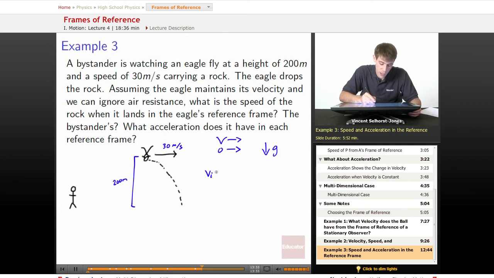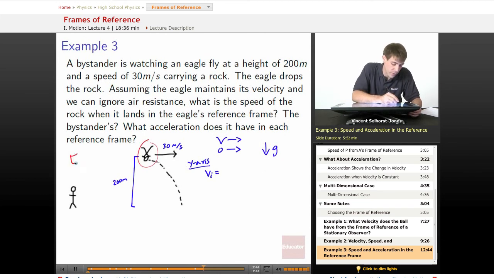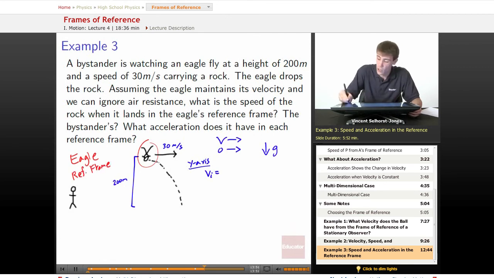So how do we figure that out? Well, we're going to be looking at everything from the y-axis point of view, because remember, this is all about the eagle's reference frame, which is what we're doing all of our work in.